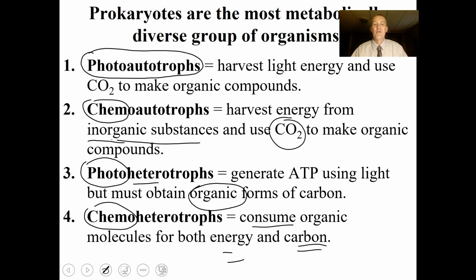So these are very metabolically diverse groups. What I mean by metabolically diverse is that all animals are chemoheterotrophs, and we don't do any other thing. All plants, for the most part, except for true parasitic plants, are photoautotrophs. So prokaryotic cells have multiple ways of metabolically undergoing different processes.